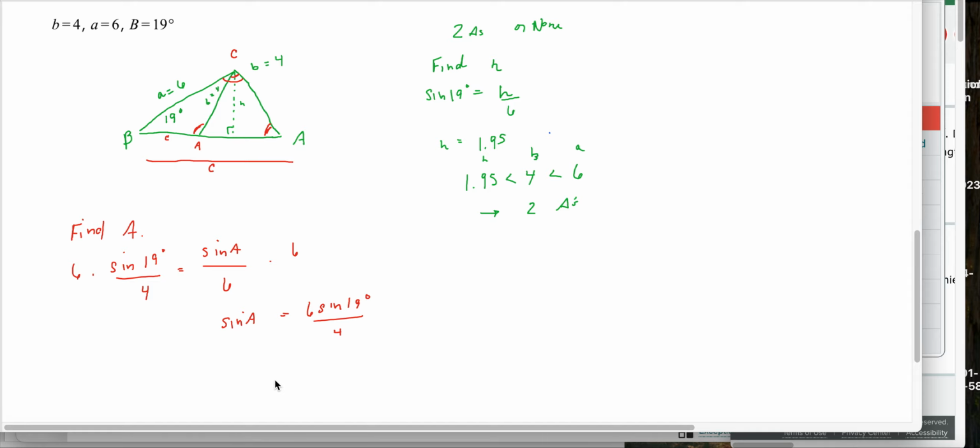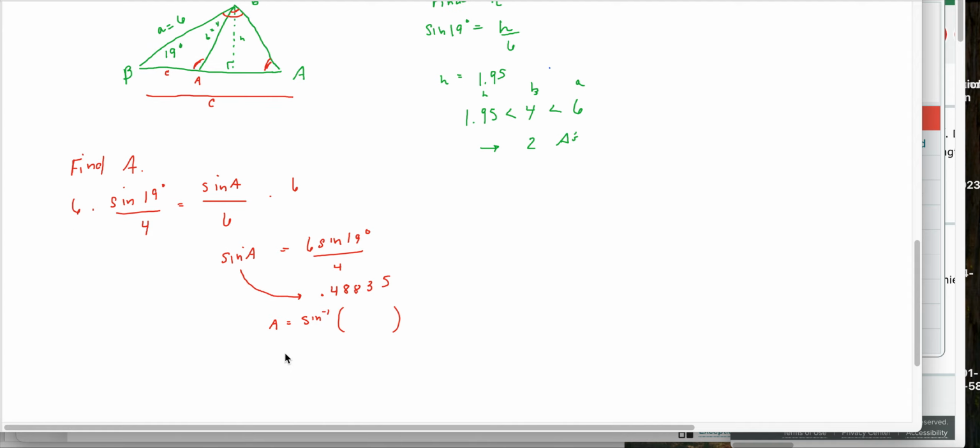And so sine A, I'm just going to shortcut this just a little bit to save some time, is equal to 0.48835. And then to find actual angle A, we would take the sine inverse of that. And so angle A is equal to 29, I'm going to round, 0.2.